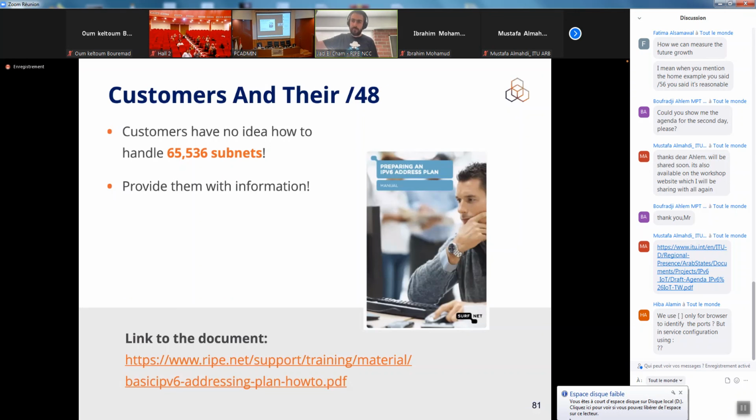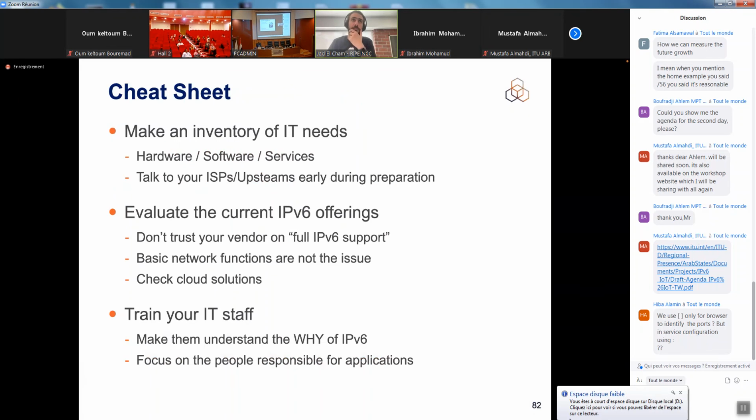This is 65,000 individual networks, and each one of these networks will contain hundreds of billions of IP addresses. That's a big space, right? So you also need to educate your customers and help them go through the addressing plan, how they are going to use this IPv6 space in their network, and so on. There is a document out there, you can find it here, that is specifically designed for how customers can do the proper subnetting. Okay? So yeah, it's there.